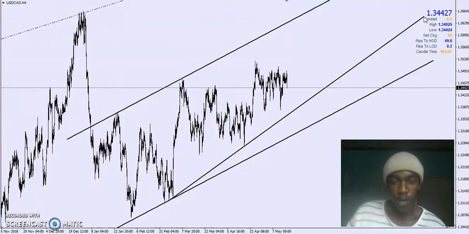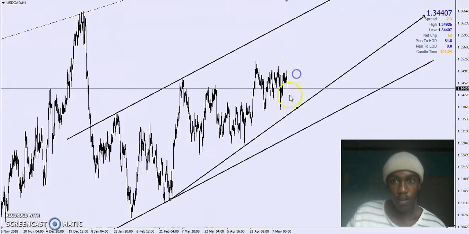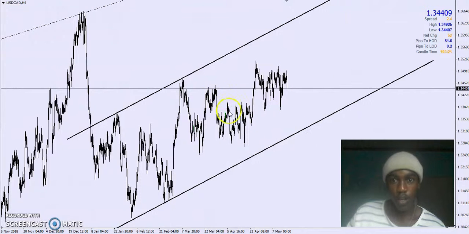We could add this dynamic support, but nah, let's not add it. Let's just focus on the current movement of price over here.